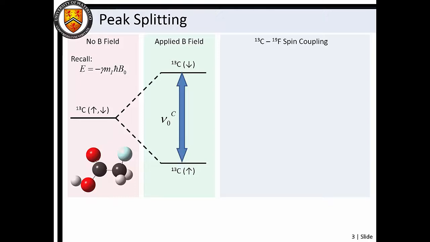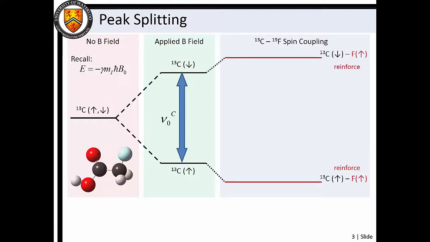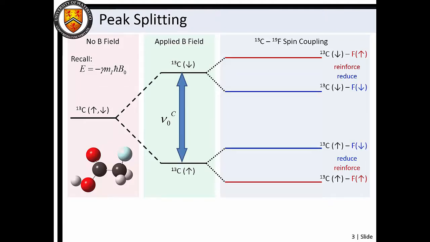Now let's consider the effect of the fluorine-19 nucleus. If its spin is aligned with the externally applied magnetic field, the carbon-13 nucleus experiences a stronger field, and its spin states are further separated. If, on the other hand, the fluorine-19 nuclear spin is antiparallel to the external field, the effective magnetic field experienced by the carbon-13 nucleus is reduced.